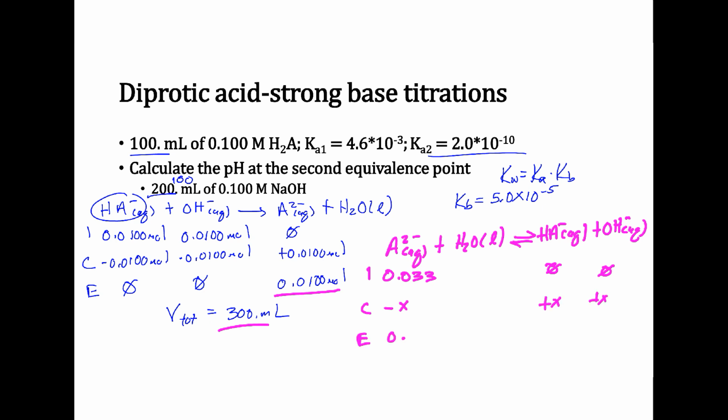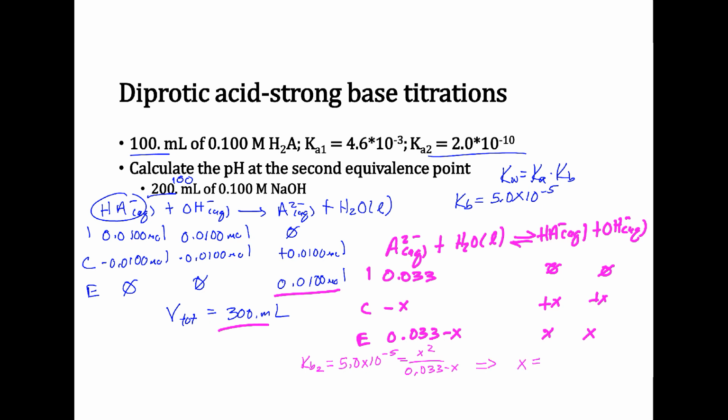So at equilibrium we have 0.033 minus x, x. So we can use Kb to calculate this. So Kb for our second reaction is equal to 5.0 times 10 to the negative fifth, which is equal to x squared over 0.033 minus x.